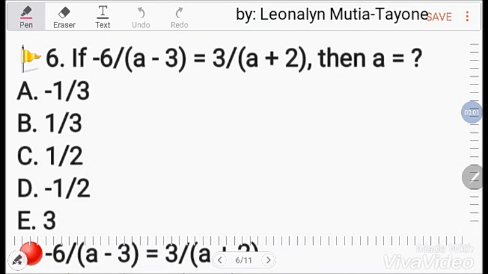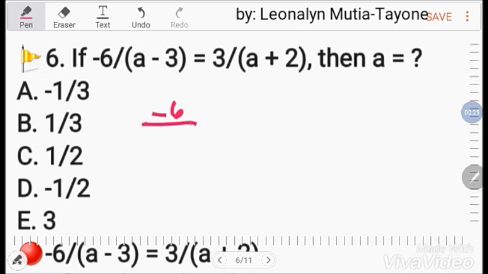Now, pause the video again and answer this first. If -6 over (a minus 3) equals 3 over (a plus 2), then a is equal to what? Ganito ang gawin natin.